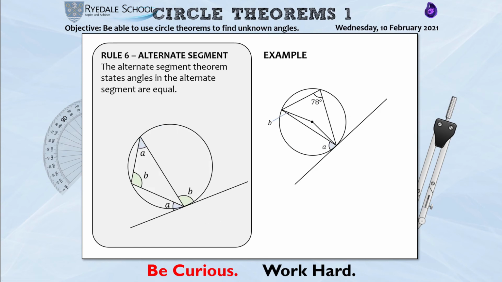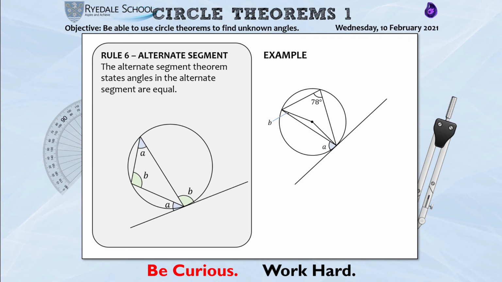Our final rule for today is the alternate segment theorem. So again, this is another one that has an official name. This is quite often a question where you might have to explain why you know angle A is what you are saying it is. And this one says the alternate segment theorem states angles in the alternate segment are equal.